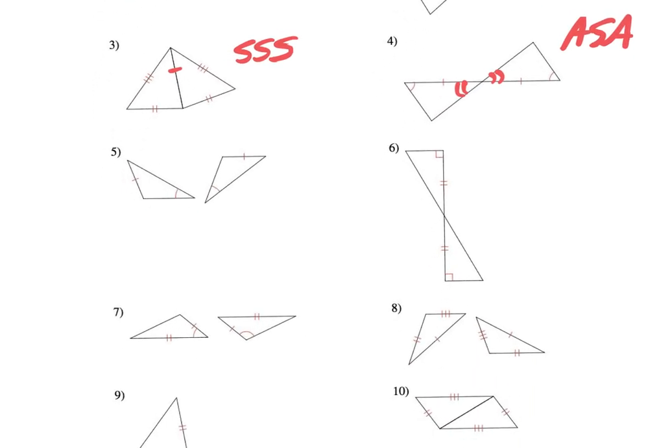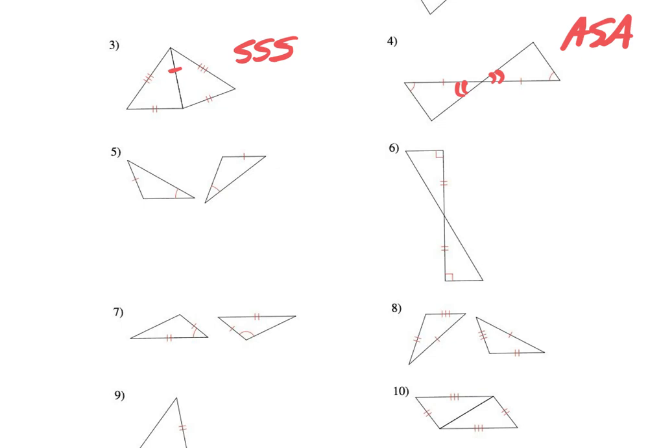Okay, number 5. How many pieces do we have? 2. Okay. Do these two triangles have reflexive property? Do they share a side? They're separated, right? They can't share a side if they're separated. They also don't touch each other, so there's no vertical angles involved, okay? Is there any other sides I can prove?